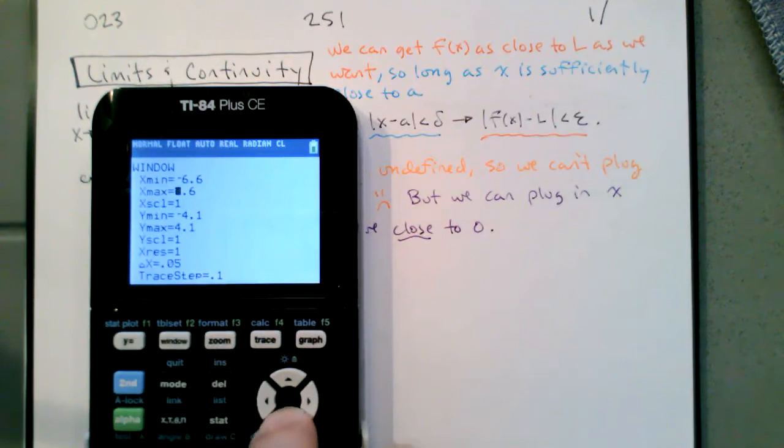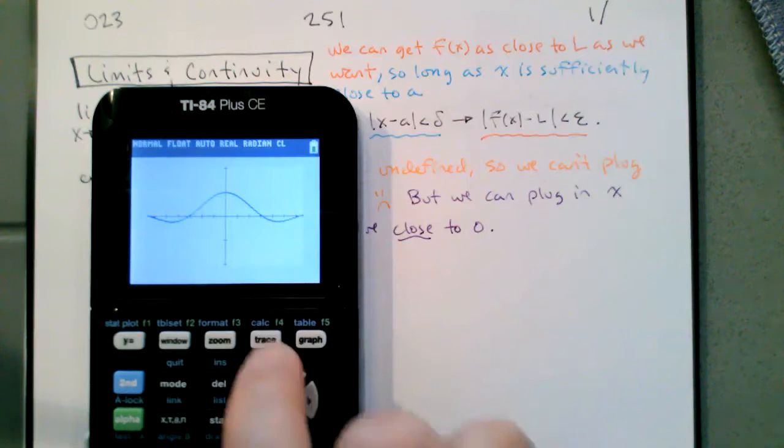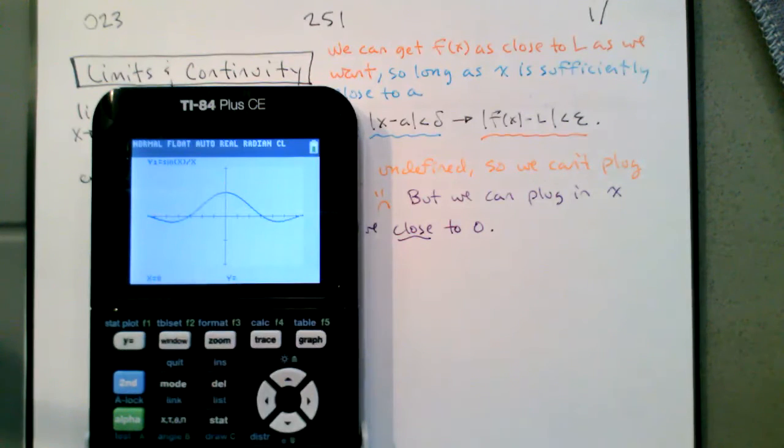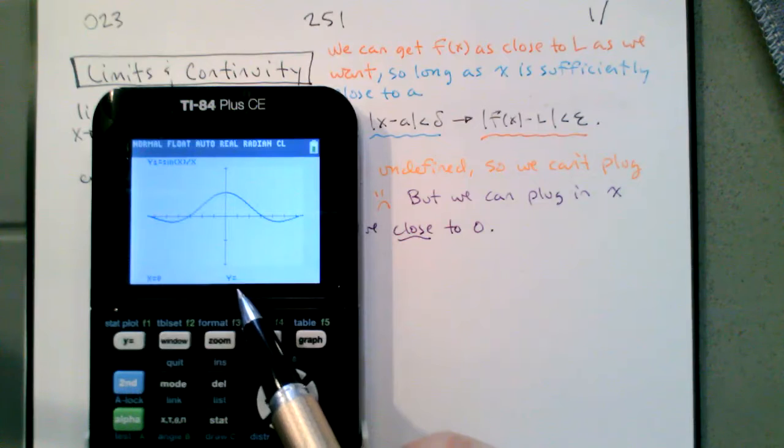If I change my window and zoom in a little bit, I'm going to cut the vertical in half. It looks like that function is approaching 1. Now, if I try to trace this function, when we plug in x equals 0, we get no value for y because the function is undefined at 0.